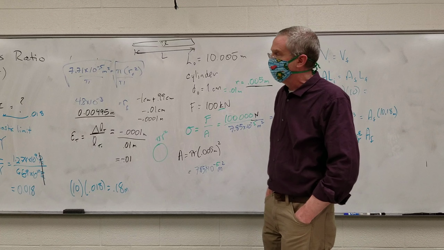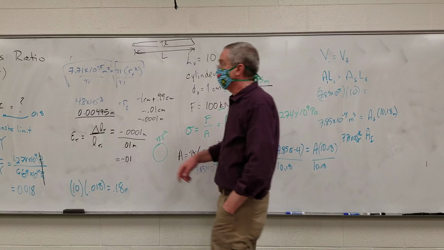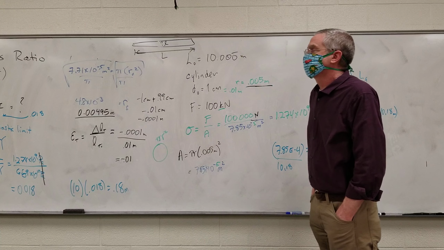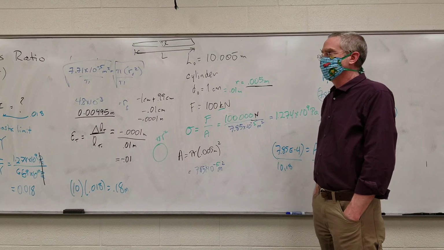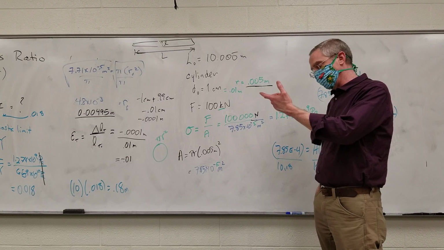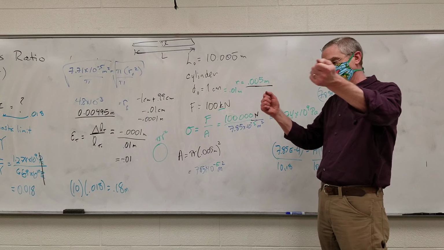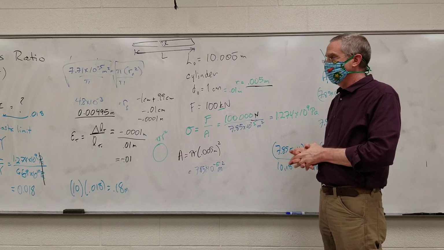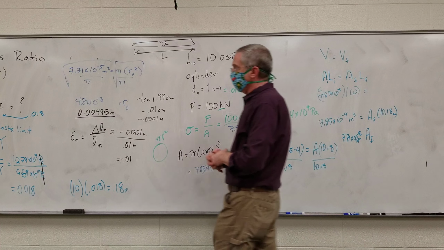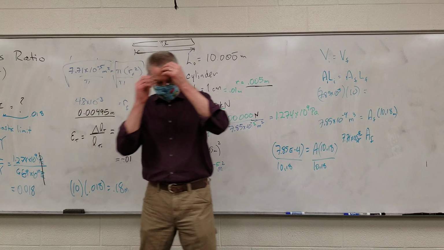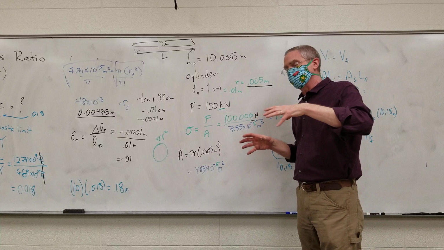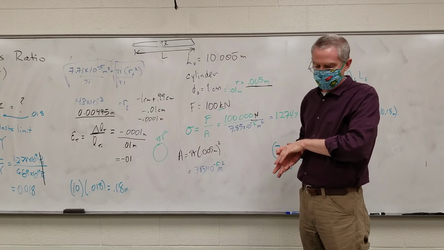Wouldn't that be a negative? No, because, oh, that's right. The fact that the Poisson's ratio is positive is telling us that as it gets longer, it gets skinnier. Now, questions on this before we make some general comments about Poisson's ratio?